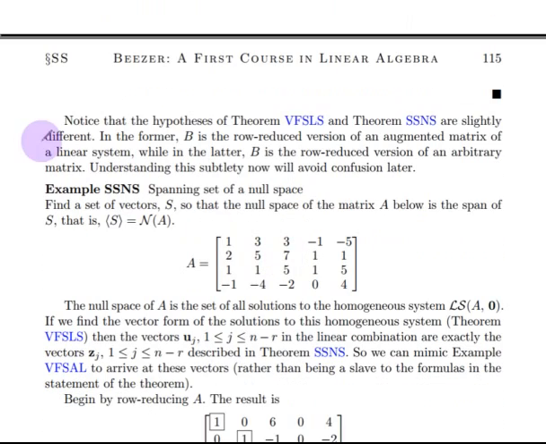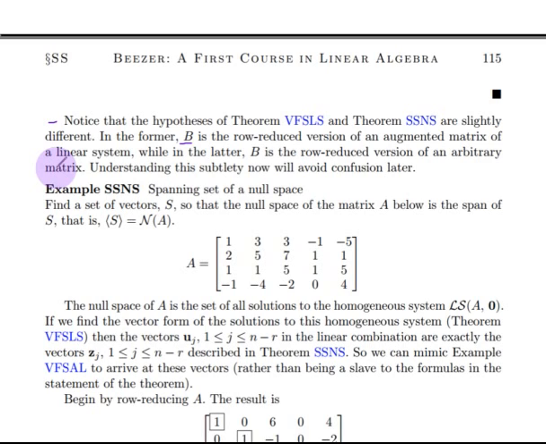Okay, so do notice the difference between the two theorems. In the first case, you had an augmented matrix of an arbitrary linear system. In the latter, it's the row-reduced version of the matrix, but this matrix corresponds to the augmented matrix of a homogeneous system.